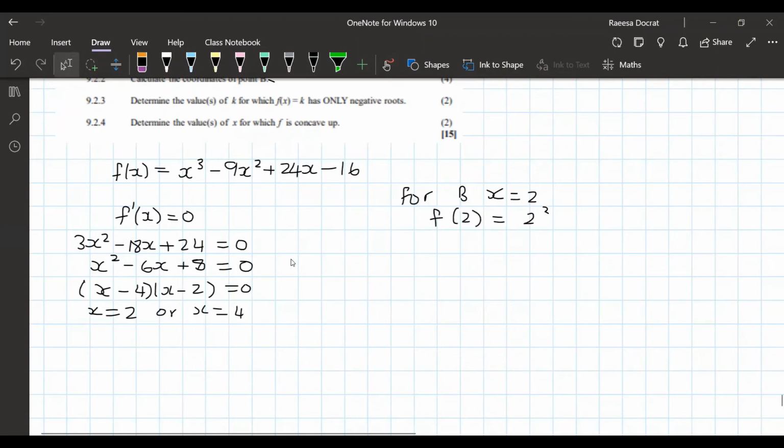So 2 cubed minus 9 times 2 squared plus 24 times 2 minus 16. Okay, so let's type that into our calculator. So we get 4. So that means B's coordinates are 2 and 4.